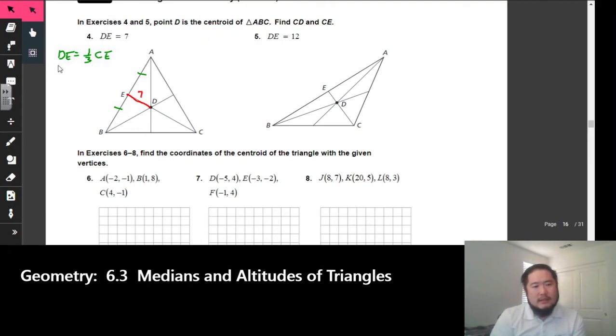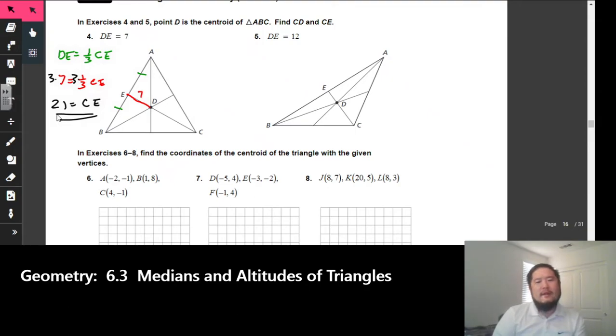D to E is 7. So 7 is equal to 1/3 of CE. How do I get C to E by itself? We need to multiply both sides by 3. And so 21 is equal to CE. Look at that. How easy is that?